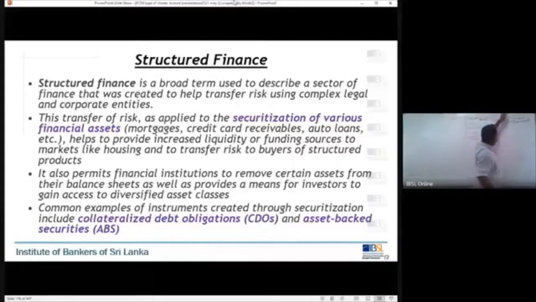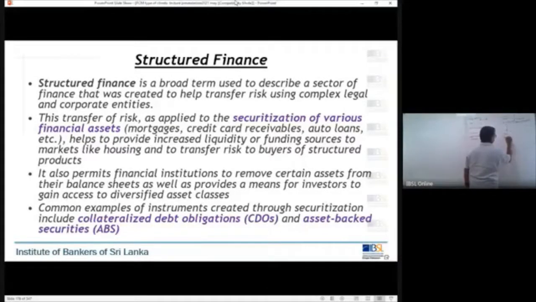Now what happened? You are going to sell your entire combined portfolio to the SPV, the special purpose vehicle, another organization.